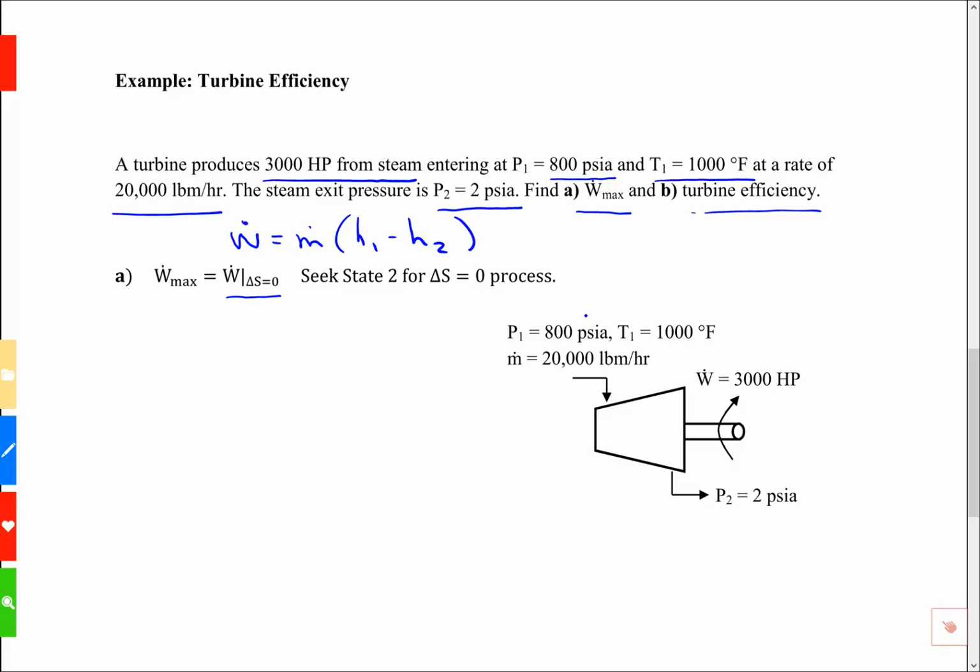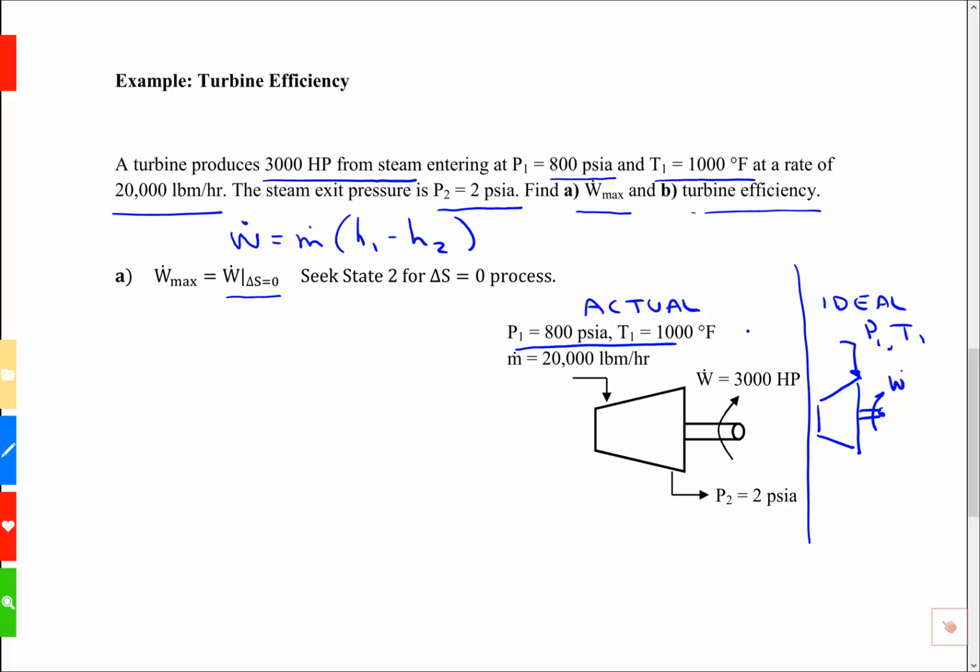But what I want to do is to think about this turbine, which is the actual turbine, and compare that to another turbine that's ideal. So let me quickly sketch out another turbine. I want to have the same inlet state, P1 and T1, and the same exit pressure, 2 psia, but it's a different state because these are different devices.